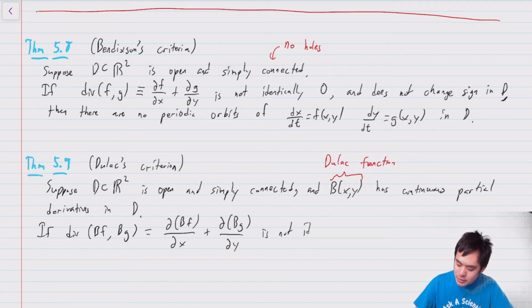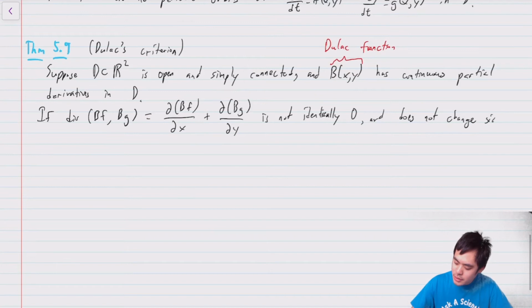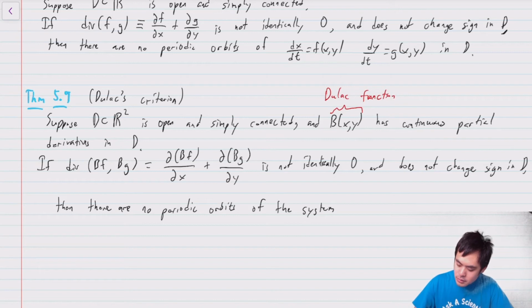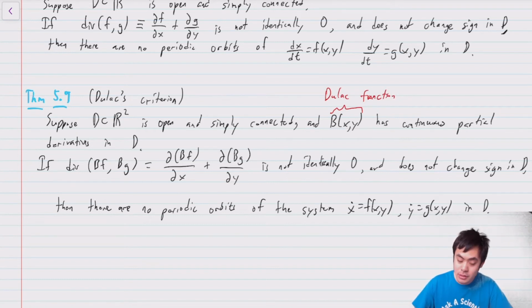If that's not identically zero and does not change sign in D, then there are no periodic orbits of the system x dot equals f of x, y, y dot equals g of x, y in D. So the same as in the previous theorem, I'm just using slightly different notation.